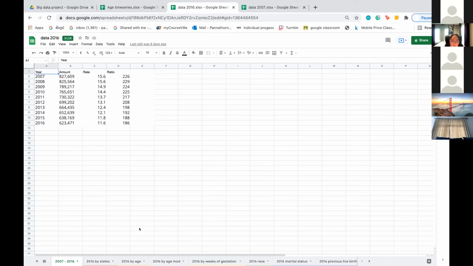I would try to link the data set to other state variables. Again, maybe the level of education, maybe the rate of high school dropout, maybe the amount that the government spends on healthcare, and again, the political leaning of Democrat versus Republican of each state, that's also useful.